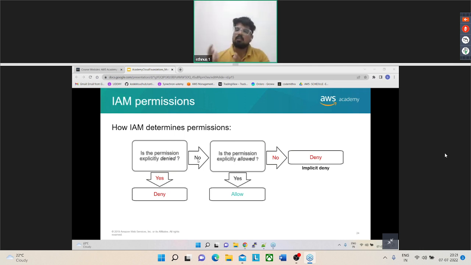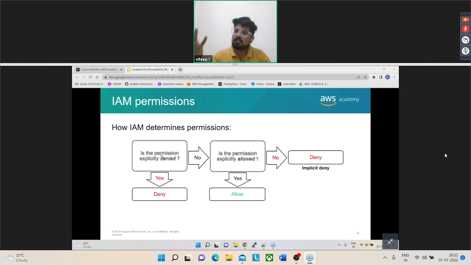If the explicit deny is not written, then it will check whether the permission is explicitly allowed, because we all know a new IAM user cannot do anything. We have to attach some policy so that he can access some services. So the first part we have checked is explicit deny. If something is explicitly denied, then he won't be able to access anything.